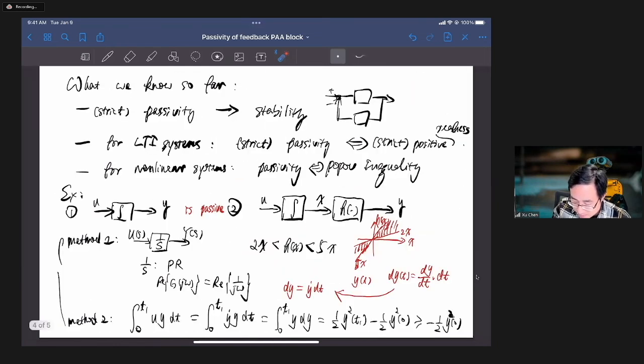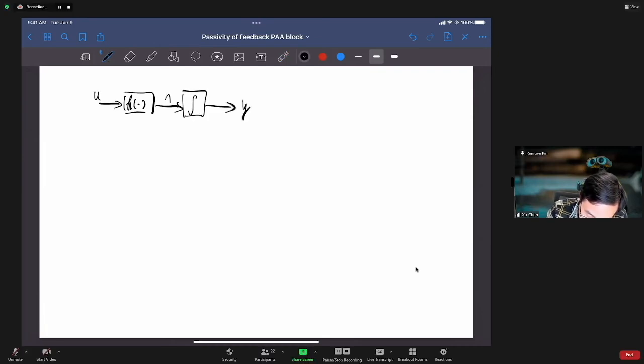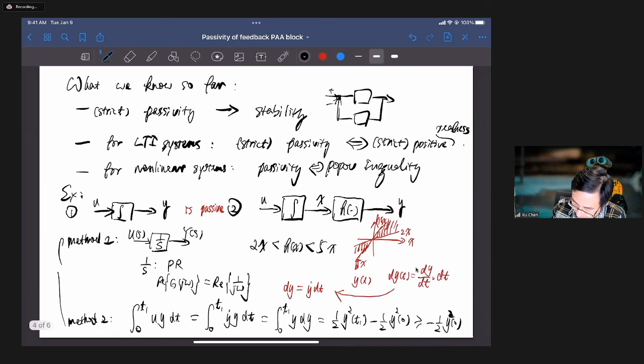All right? So now we have, this is passive, this is passive. Let's take a look at these two composed together. Let's spend some time on this one. Now, if you have h and integration, what will happen? It's actually the other way around.